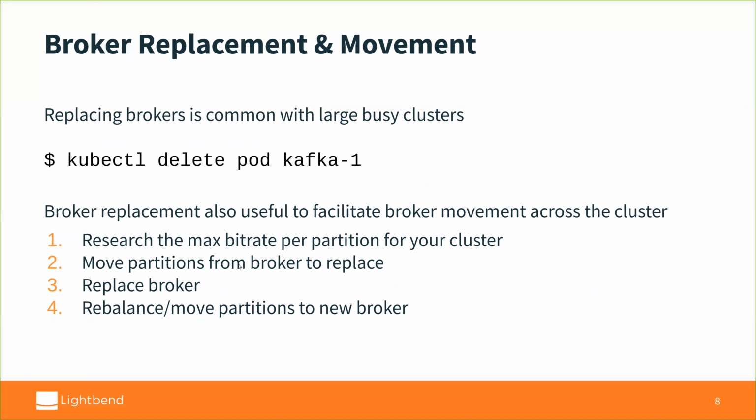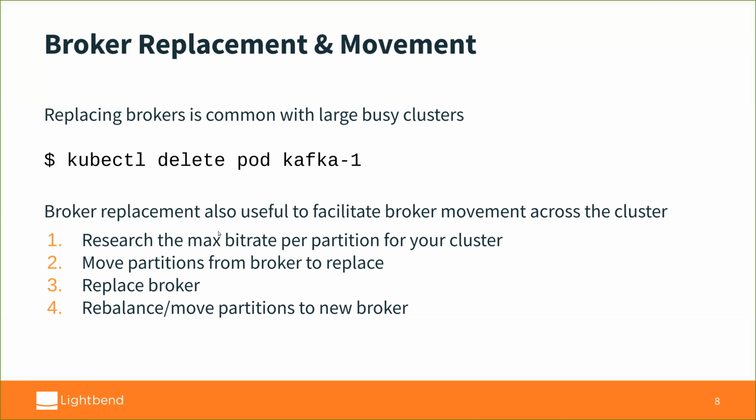Broker replacement and movement, we discussed this in the webinar as well, so I won't get into detail, but basically what the process is if we want to move brokers around, maybe to different machines, for example, a common use case, then the way to do it with zero downtime and to not oversaturate your network, is to first research the max bit rate per partition of your cluster.